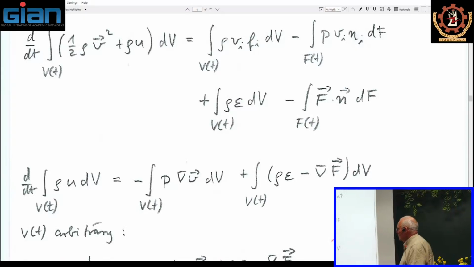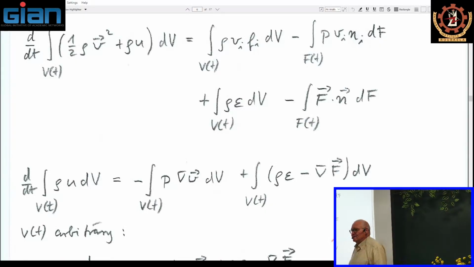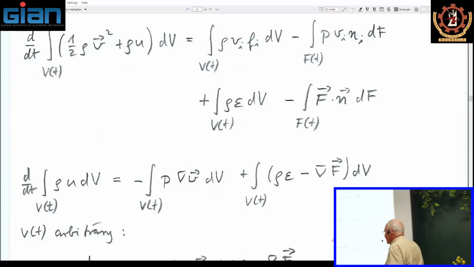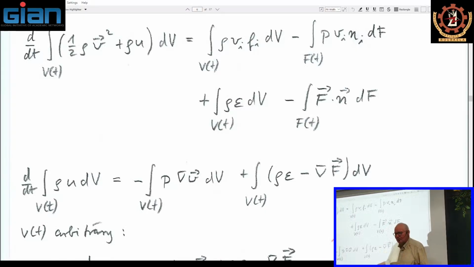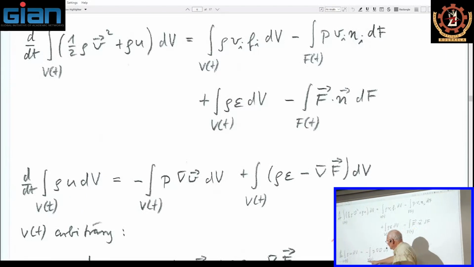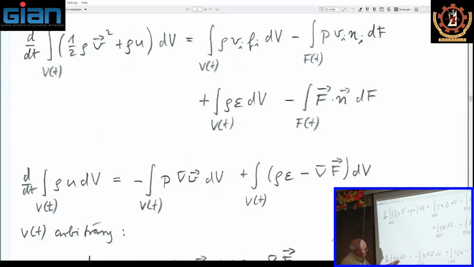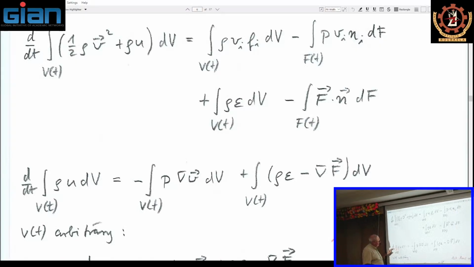Okay, now we are left with this equation. And since the volume or the mass element we consider is arbitrary, we can take off the integral and we can say, well, since the volume is arbitrary, it means that d by dt, rho du by dt, we use the fact that the Lagrangian time derivative of an integral over an integrand, which is written rho times some quantity, is rho times du by dt.